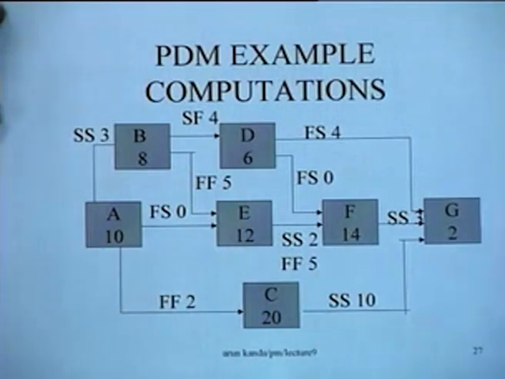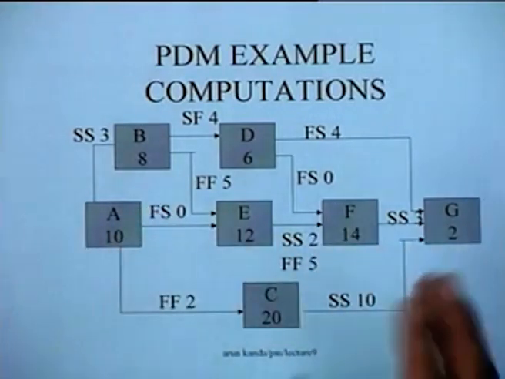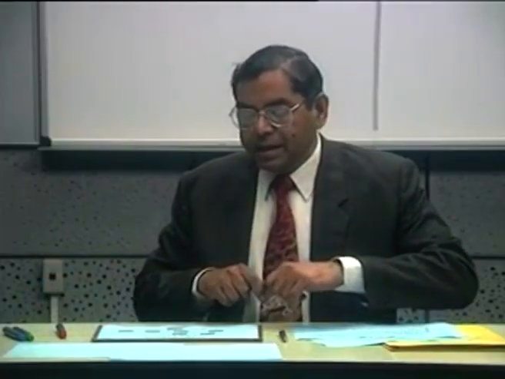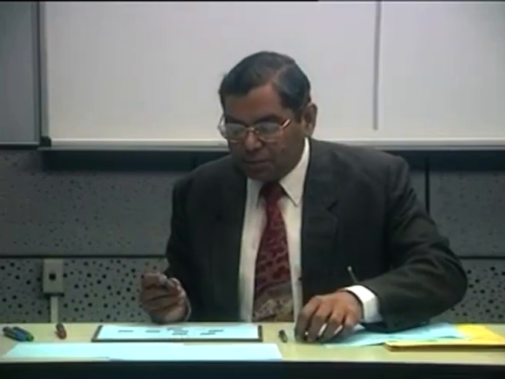The logic is very simple. For each activity you would try to find out in a forward pass the early start by the various constraints, and the most constraining constraint will actually determine the forward pass. For instance, let us start the computations here and determine the early start.